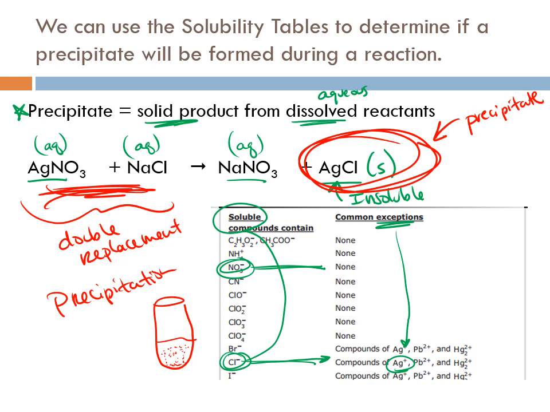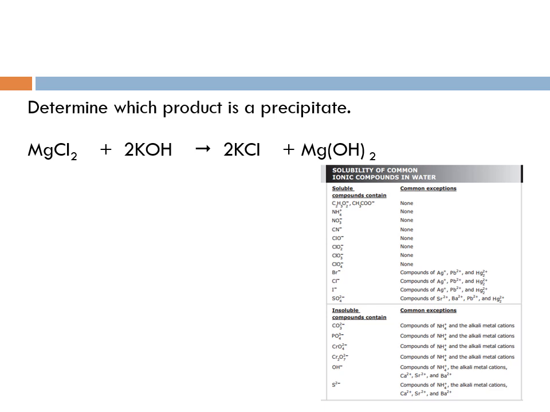I'm going to have you do this one in the Ed puzzle. Figure out which product, we only need to look at the products, which of these products is the precipitate. Remember that the precipitate is the solid, insoluble product of this reaction. So hopefully we looked at chlorine and noticed that chlorine is here.